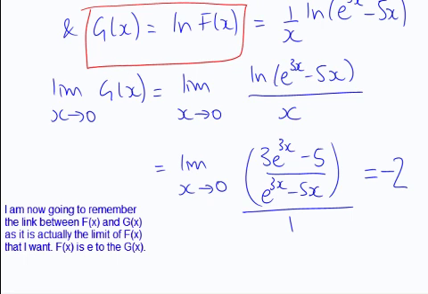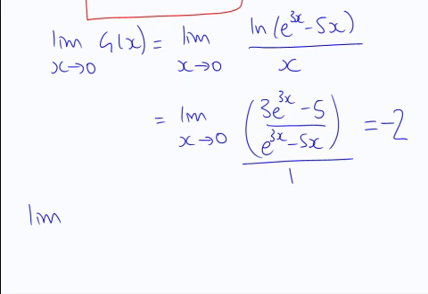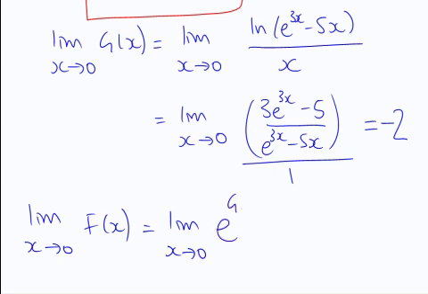It's actually the limit of f of x that I want, and f of x is e to the g of x. So, when I want the limit as x tends to 0 of f of x, I remember that f of x is e to the g of x.